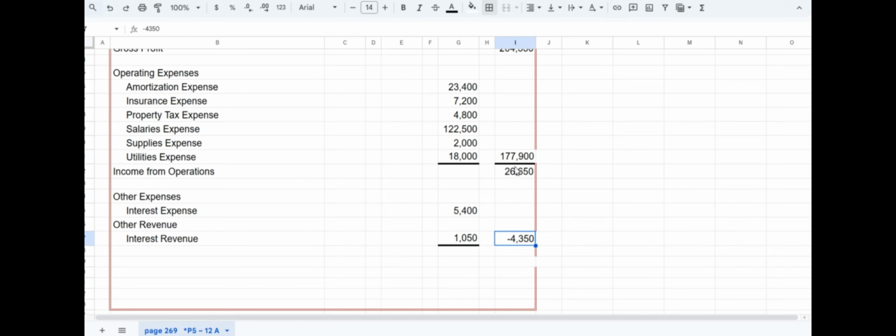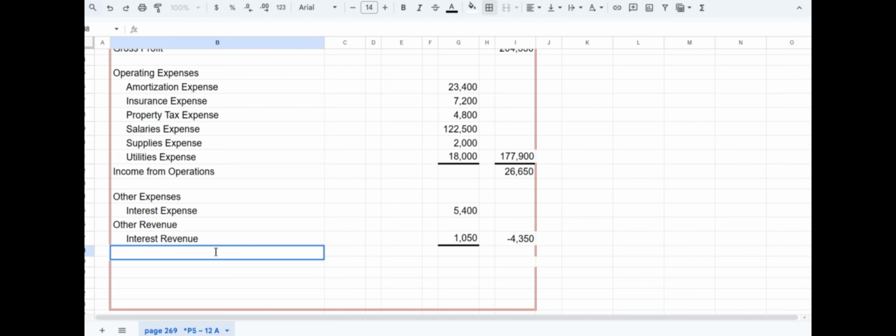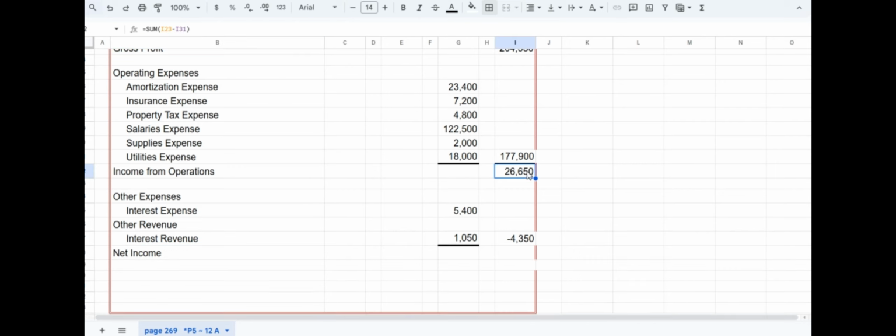So this number is what we're going to subtract from income from operations. If this number was positive, then we would add it to income from operations. We just want to know how interest revenue and interest expense is going to affect the income from operations. So this gives you the net income. We've got the income from our operations, and this is the total number that we got from subtracting expense from revenue for the other expenses and revenues.